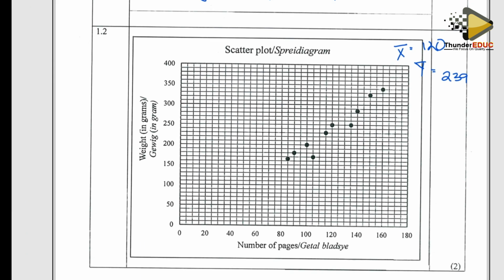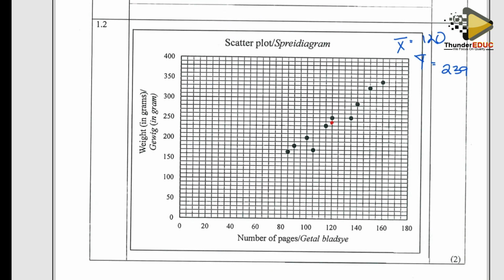So this is going to be 120 and then 239. 239 is approximately 240, so I'm going to use that as my point of reference. Then I need to draw a line so that at least some points go through the line, and then see what is above and below. There's no logic in this, but it's all about making sure that the line is balanced and close to the points.